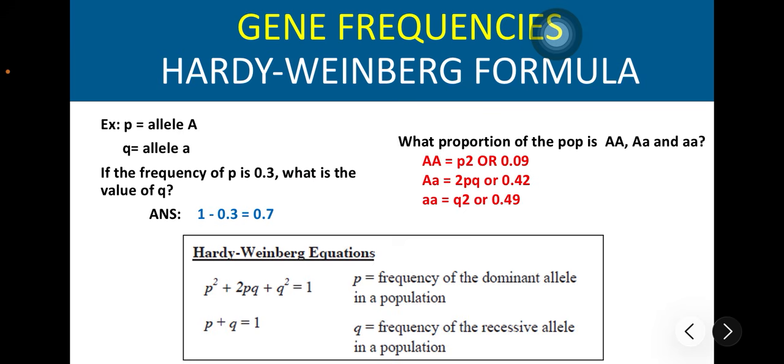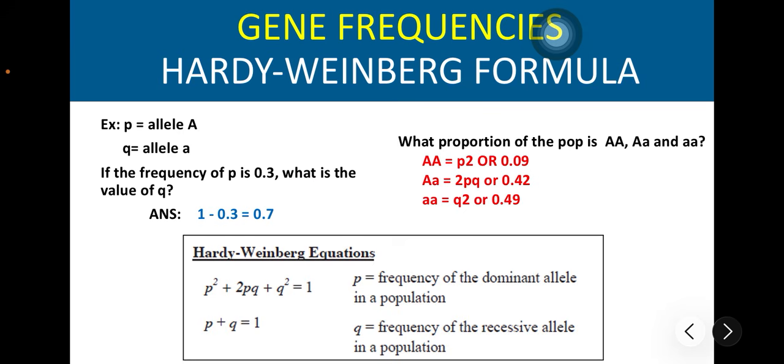So a follow-up problem. What proportion of the population is homozygous big A, heterozygous big A small a, and homozygous small a? In order to answer that one, we need the formula p squared plus 2pq plus q squared, which is equal to 1.